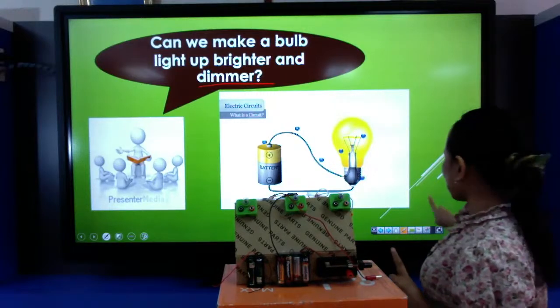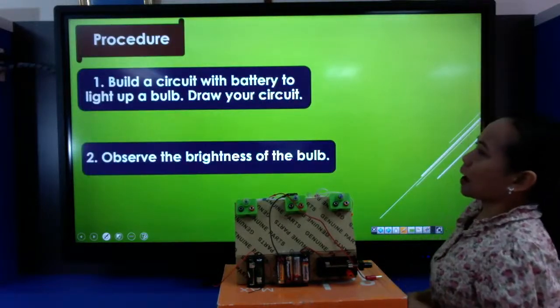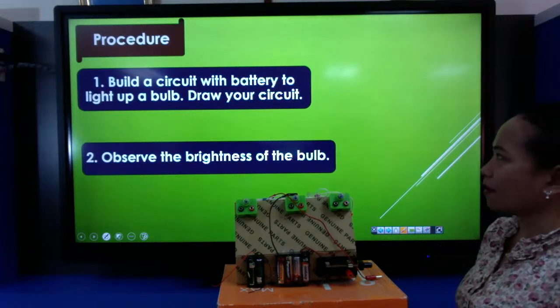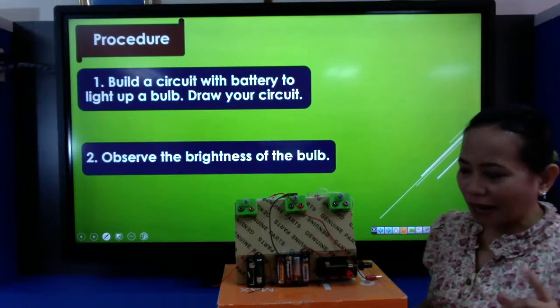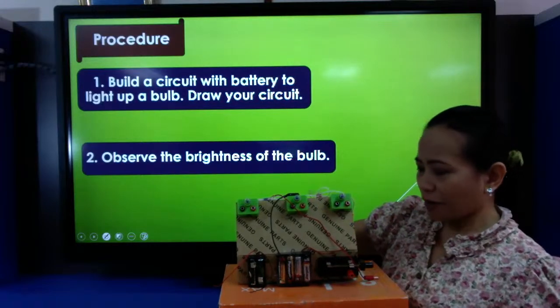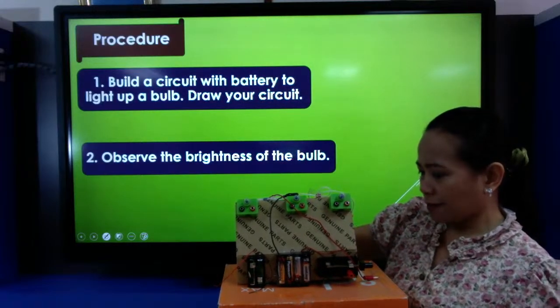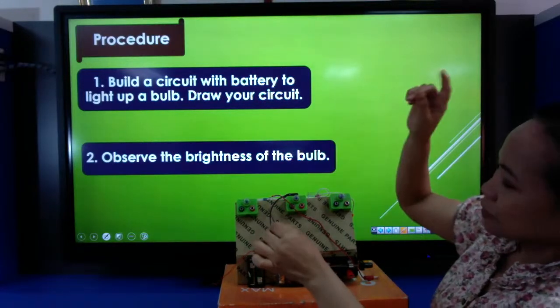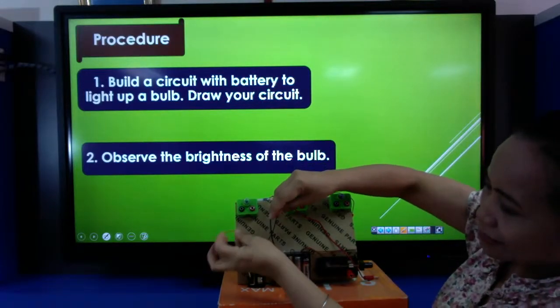So number one, build an electric circuit with a battery to light up a bulb. Okay, we will make a very simple connection like this one. So this is a direct circuit, class.